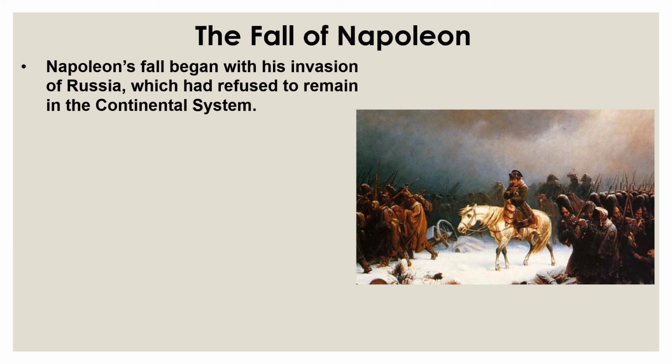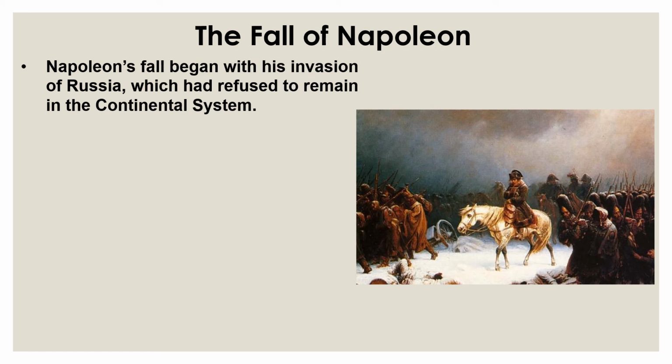Now, Napoleon's fall really began in 1812 when he decided that he was going to invade Russia proper. Russia had been one of the Allied nations, but they ultimately resented the continental system so much that they pulled out of it.